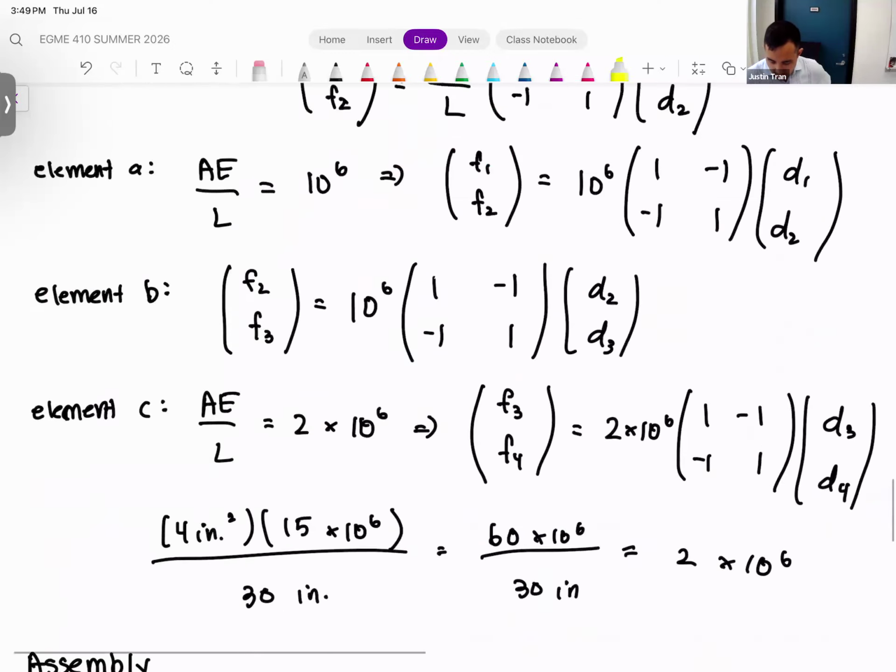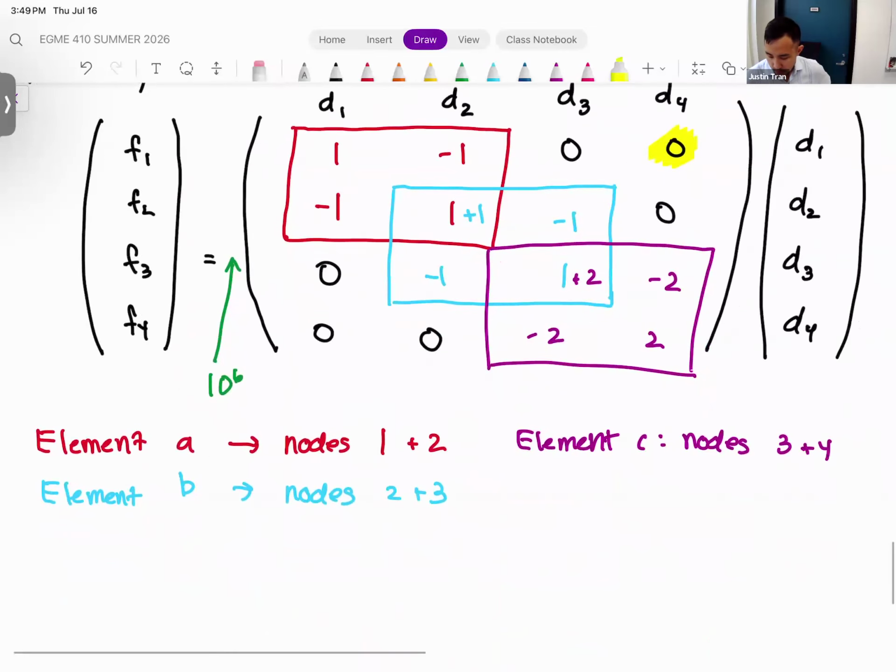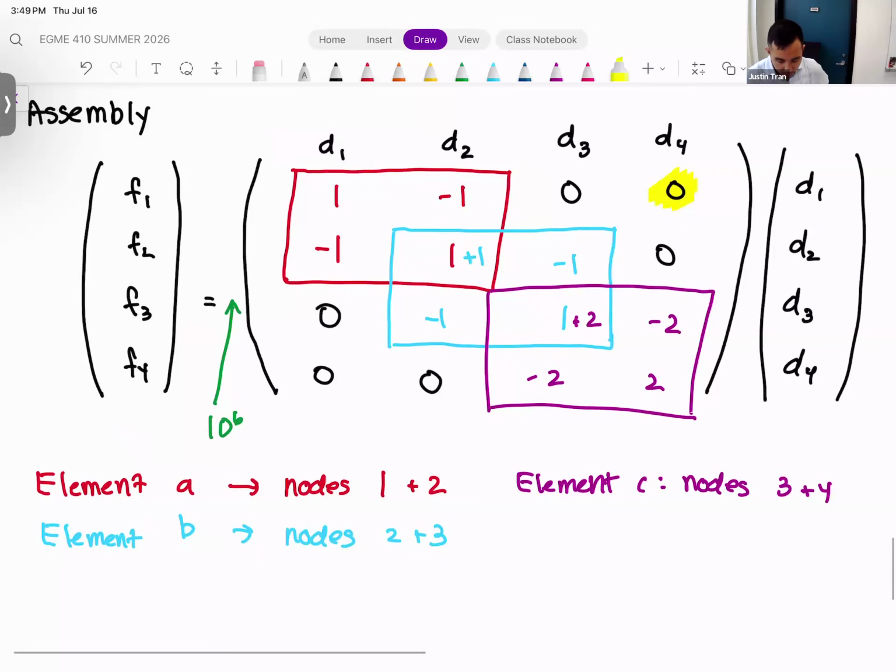And that's true: we go back to our figure here, and there's no element that directly connects node 1 and node 4, so that 0 makes sense. Now I'm going to simplify this. Wherever we see plus signs, we're just going to add them together. And so here we're going to have a 2, here we're going to have a 3.